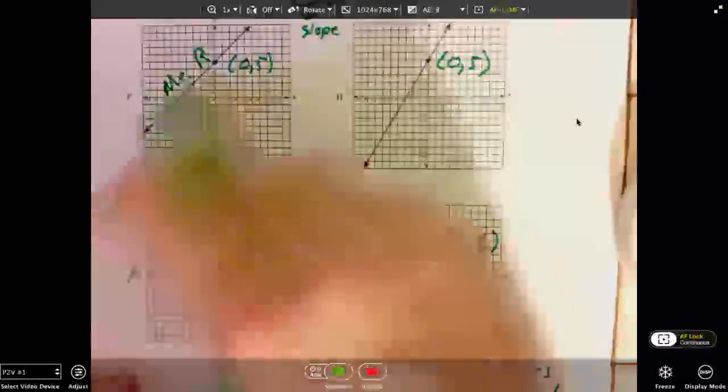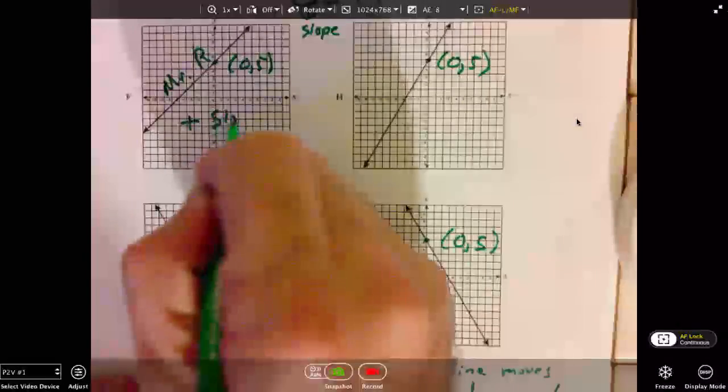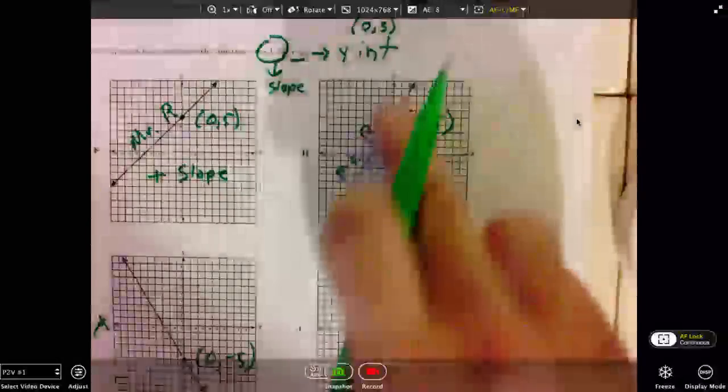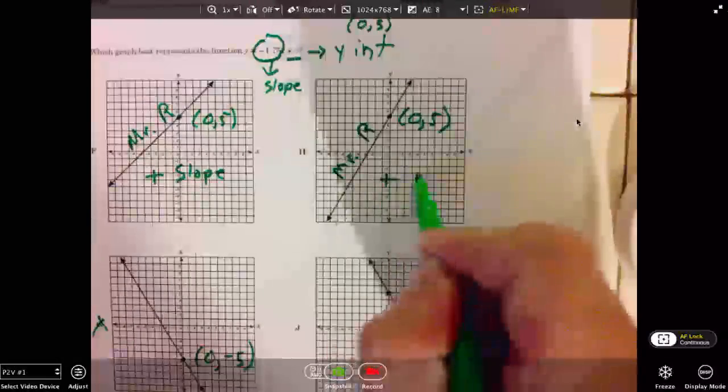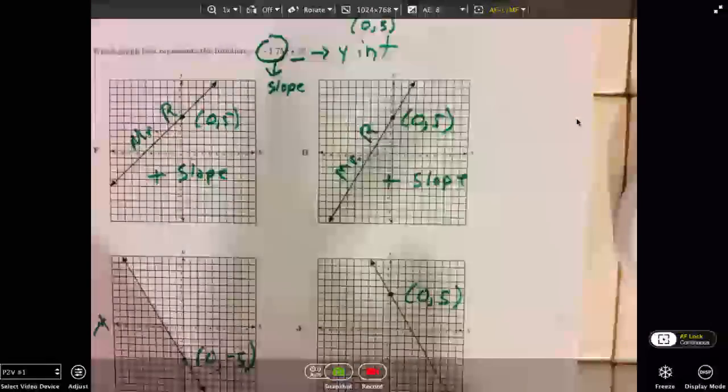You can see F, the line's moving up. If I wrote my name on the line, it's moving up. This is positive slope. H also, we see the line moving up. Positive slope. Moving up as we read from left to right.